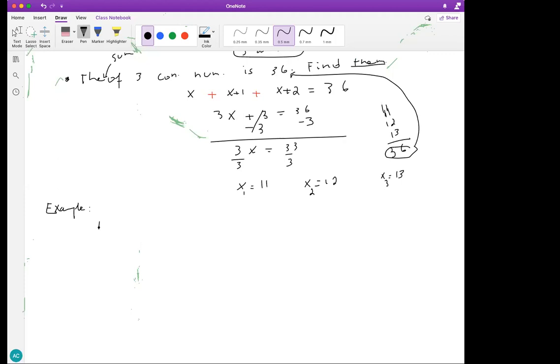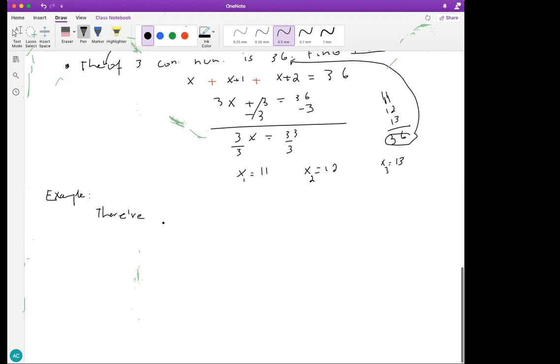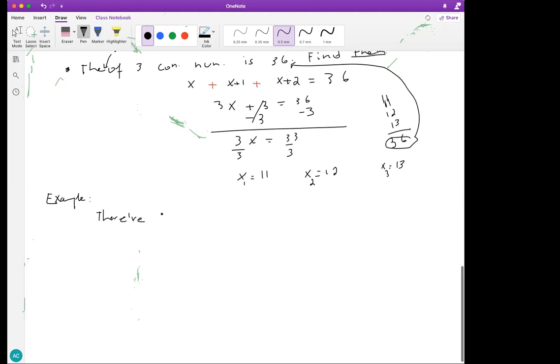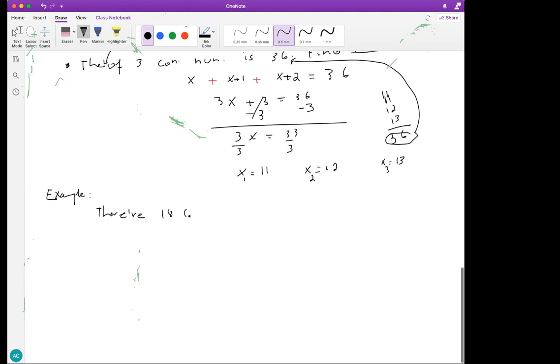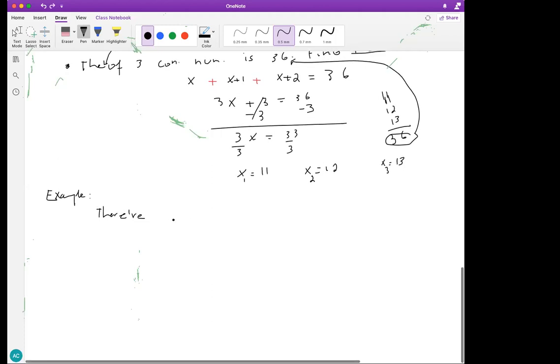So there are, let's say, 18 coins. Maybe that's too much. Let's just make this something smaller. For example, 7 coins.